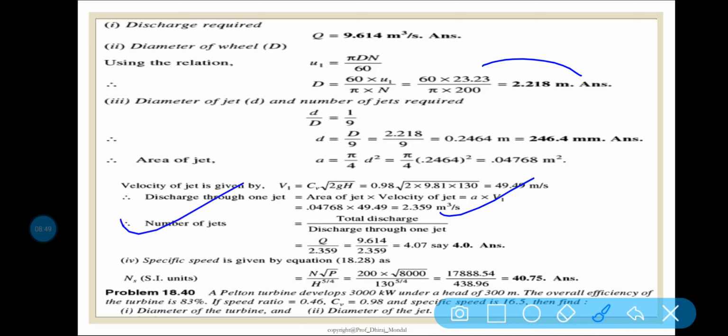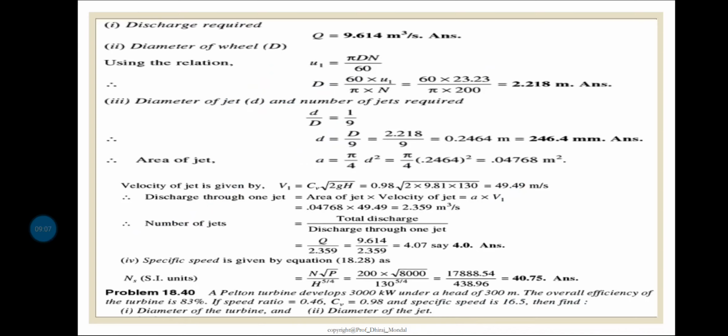Now number of jet means total discharge by discharge through one jet. So total discharge, that means discharge through one jet, already I have got 2.3.